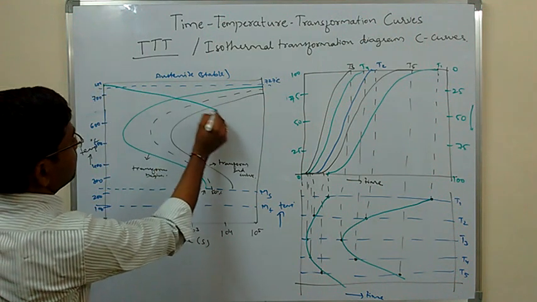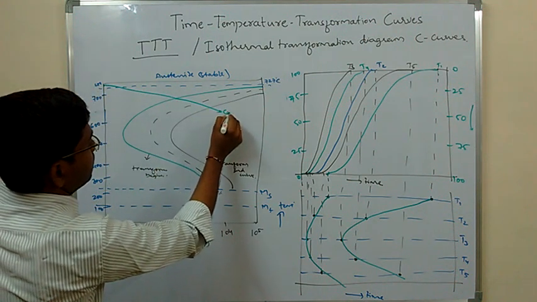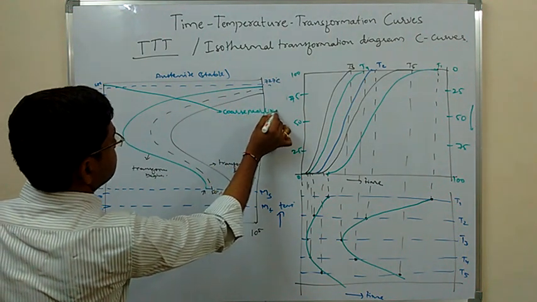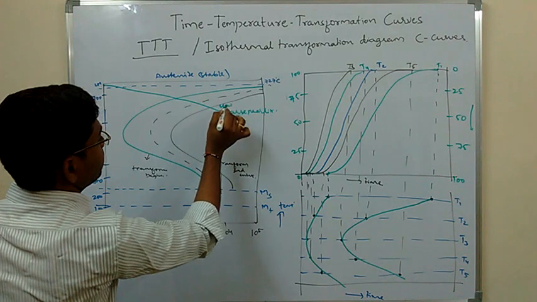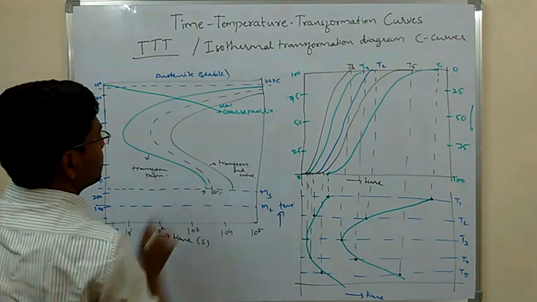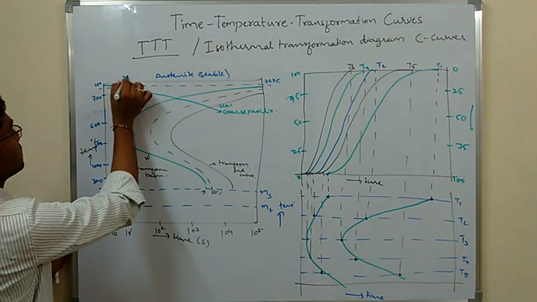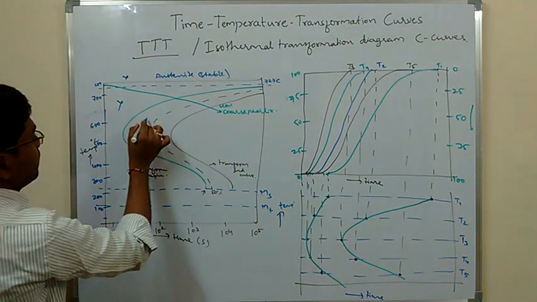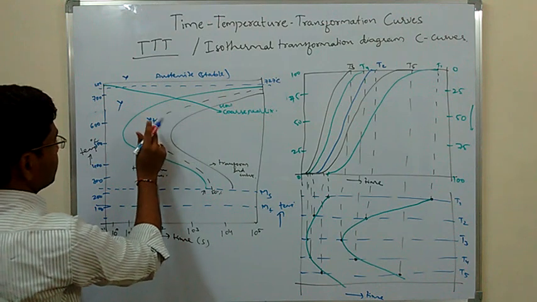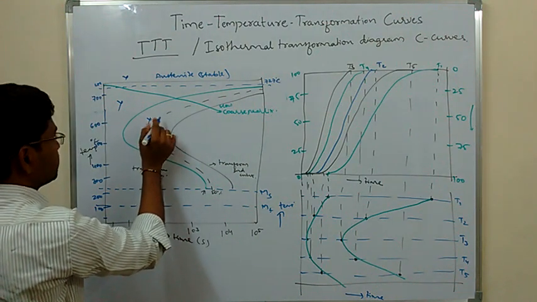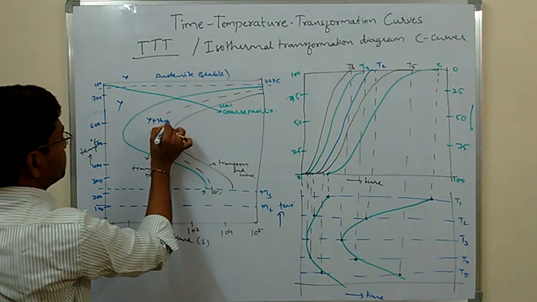Here in this region we will get the coarse pearlitic structure. This is slow cooling. This is completely austenite, and here also austenite, plus pearlite here, pearlite structure.